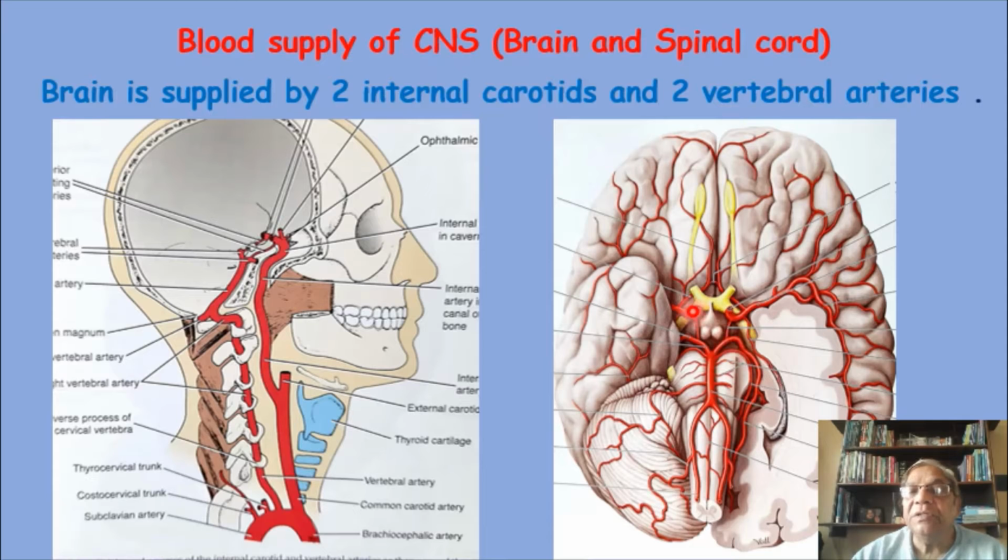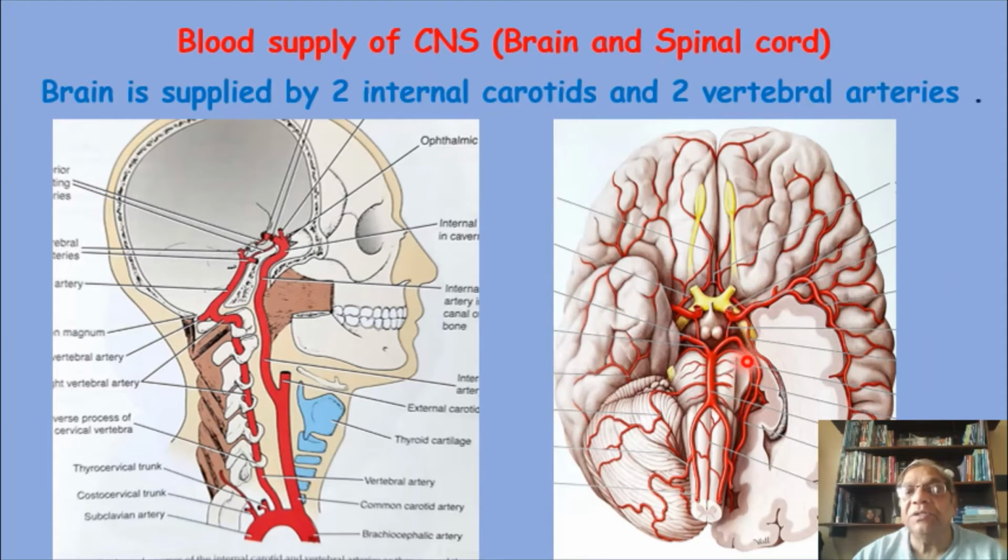So the internal carotid artery, the posterior cerebral arteries and the anterior cerebral arteries are interconnected with each other and form here a hexagonal arterial arcade, or circle type. Though it is hexagonal, it is called a circle. So this is the circle of Willis.